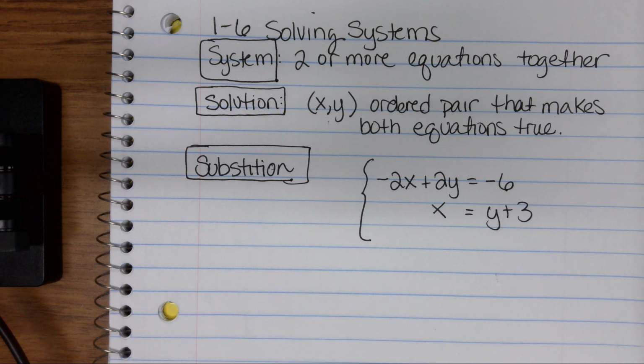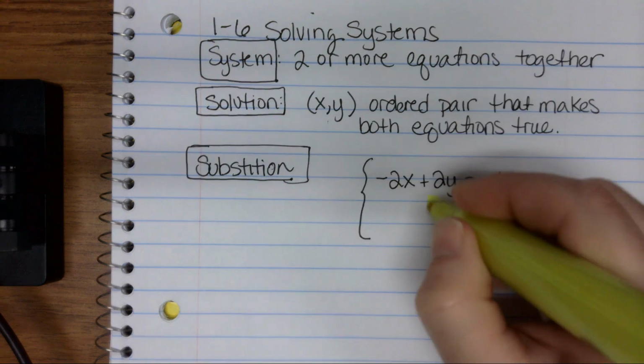Typically in a situation where I use substitution, either one of the variables is already by itself, or you can really easily move one thing to a side and have it be by itself. What variable am I talking about here? X. See how it's alone right here?